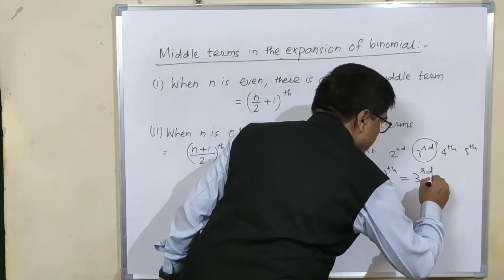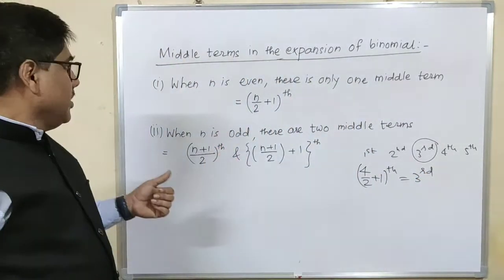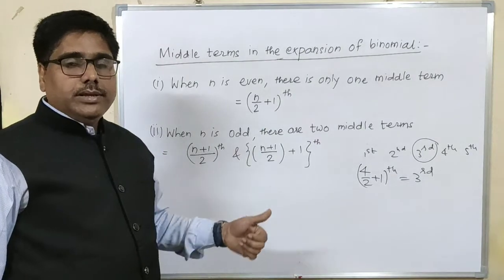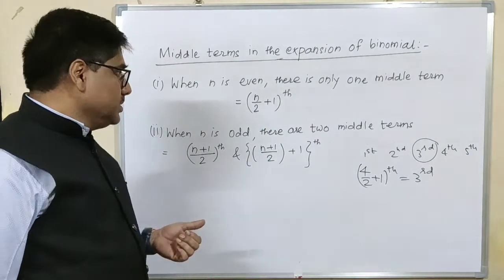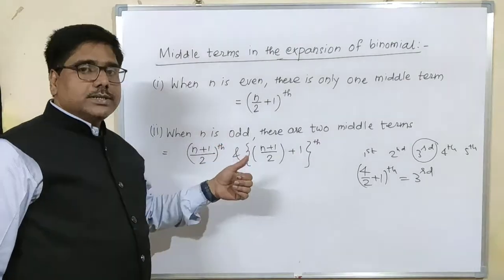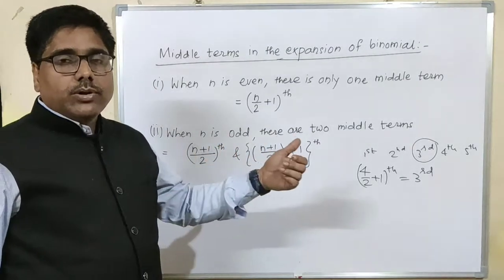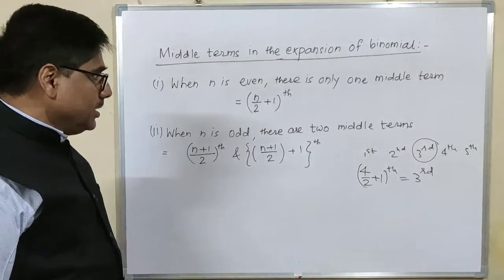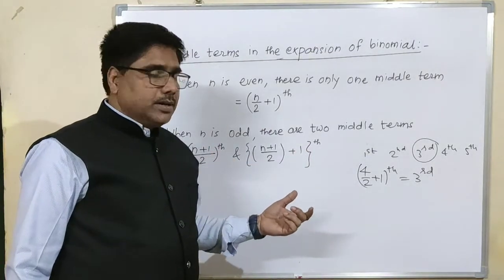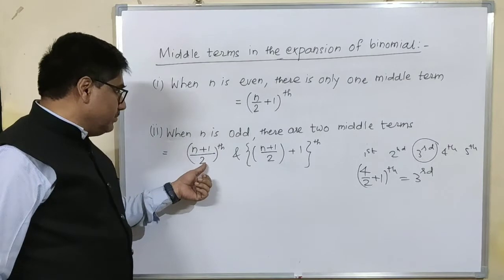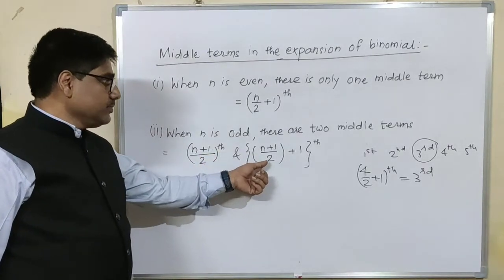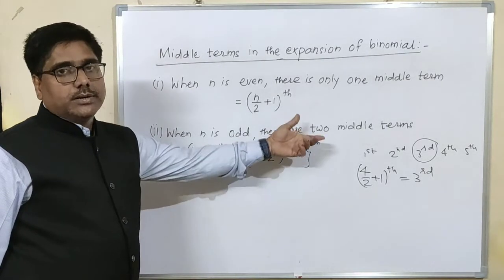that is the third term. But when n is odd, there will be 2 middle terms, because when n is odd, its expansion contains an even number of terms. That's why there will be 2 middle terms, that is the ((n plus 1) by 2)th term and the ((n plus 1) by 2 plus 1)th term.